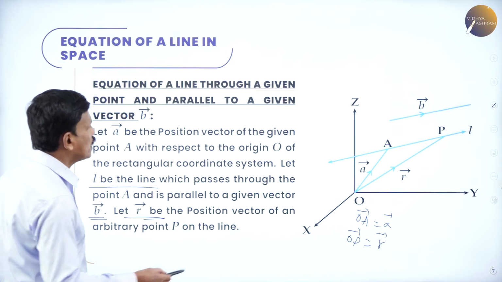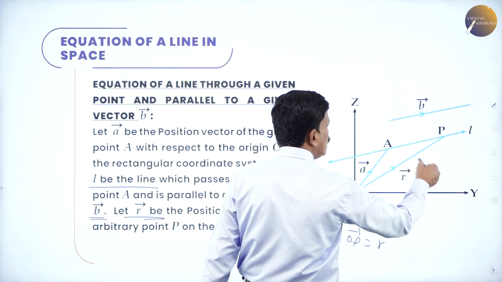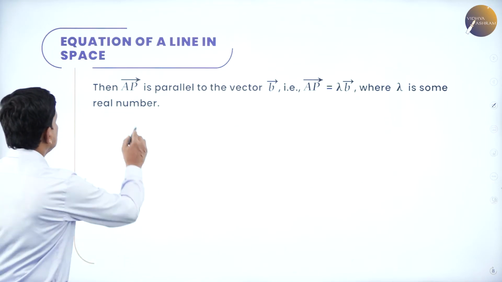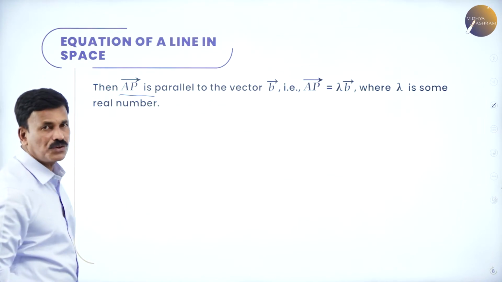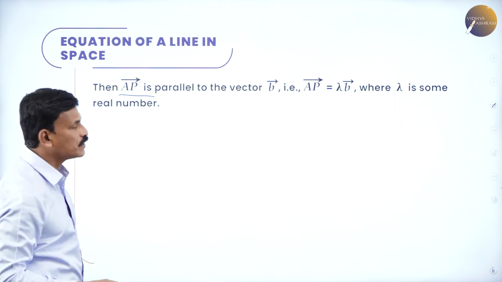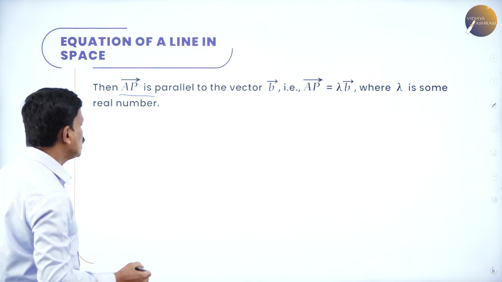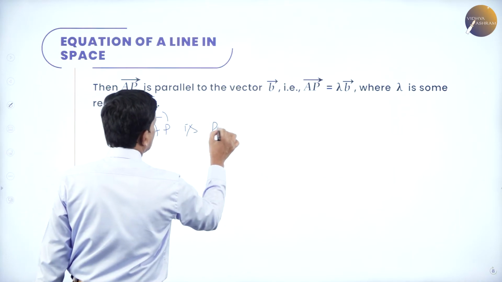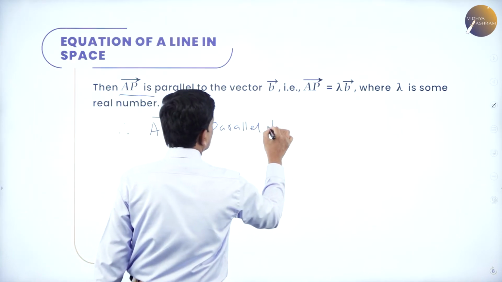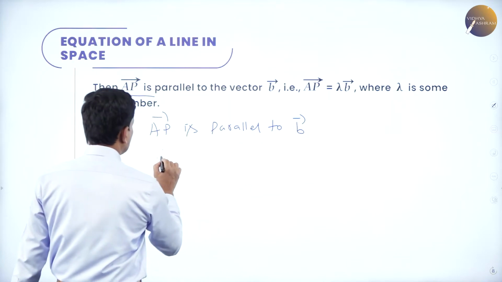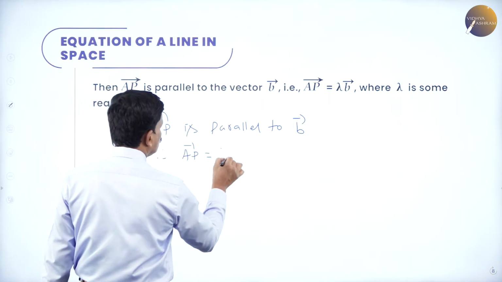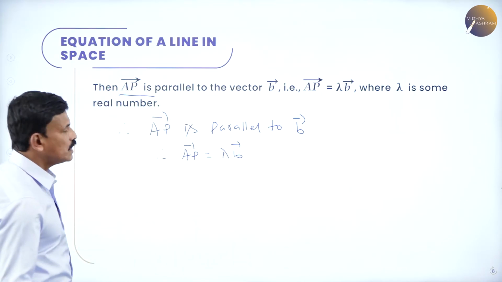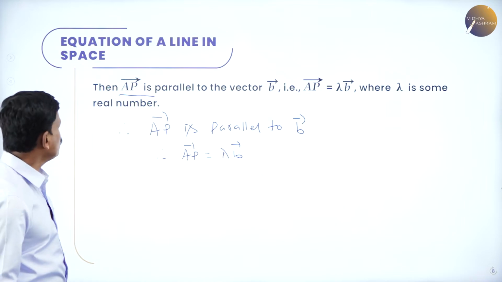Since the line AP, the line L, is parallel to the vector b, AP is parallel to vector b. Therefore AP is equal to lambda times vector b, where lambda is some real number.